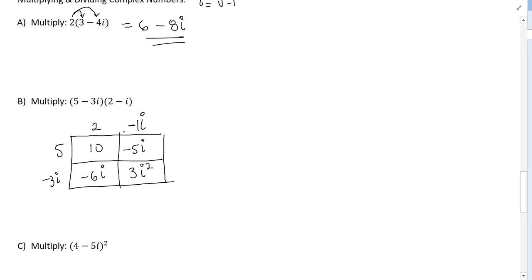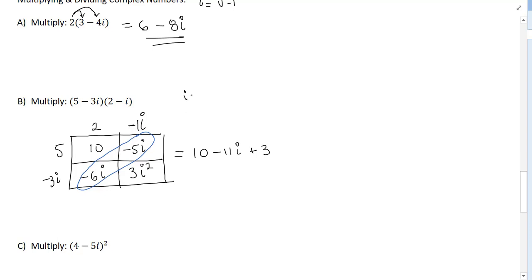And the reason I like the box method is because oftentimes the like terms are going to line up along the diagonal. So my answer here is going to be 10, and then combine these like terms, so minus 6 minus 5 is negative 11i, and then I have plus 3i squared.